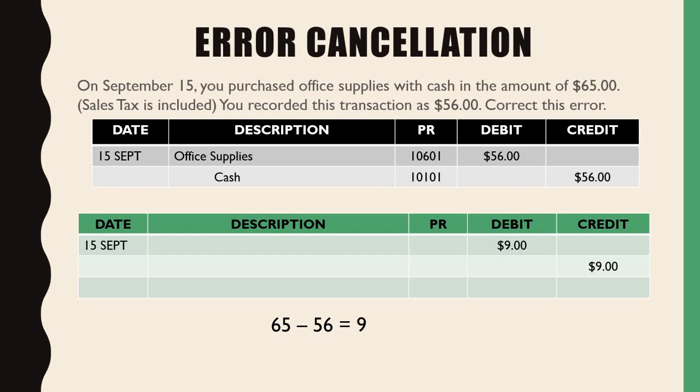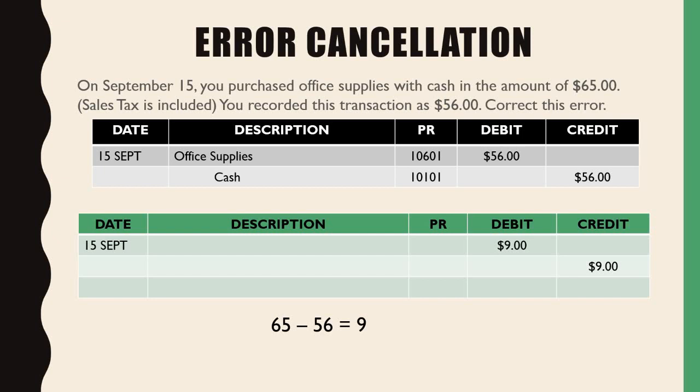That's what you have to do. For people who have done this many, many times, they can determine it right away. But this can be very confusing for beginners, because it's like, well, I don't know. I have to go from $56 of supplies to 65. So where am I going to be adding that $9 or subtracting?